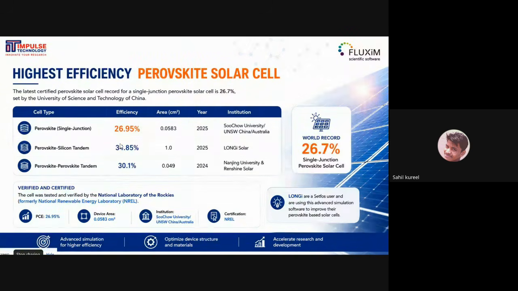It is an experimental result, but when they are using the SETFOS software, they will give that process how you can enhance your power conversion efficiency, because simulation software always helps to test each of the results one by one. So it attached some of the perovskites, what is actually the highest efficiency that they have got with that area in this year. So it is a world record.